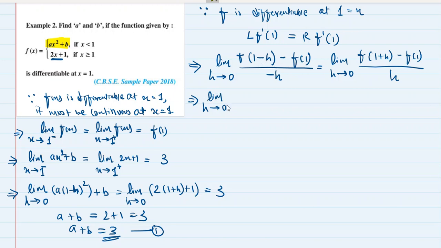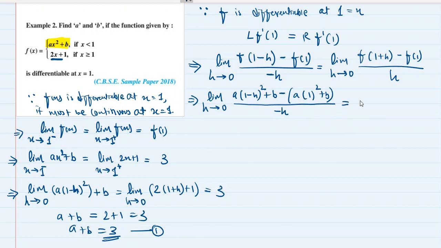So this will become a(1 − h)² + b minus (a(1)² + b), the whole upon minus h. We have to simplify and find out.